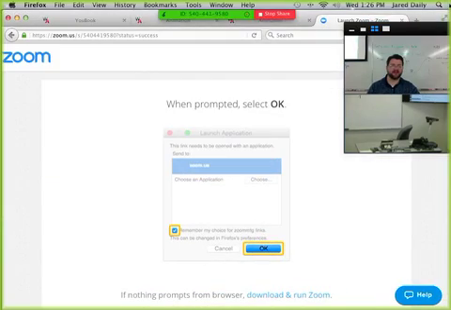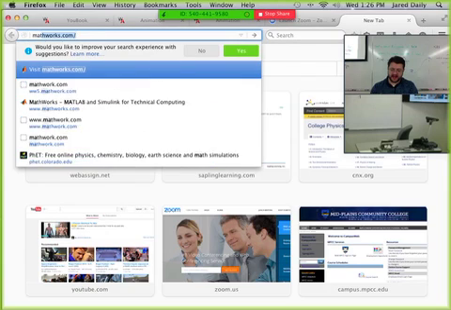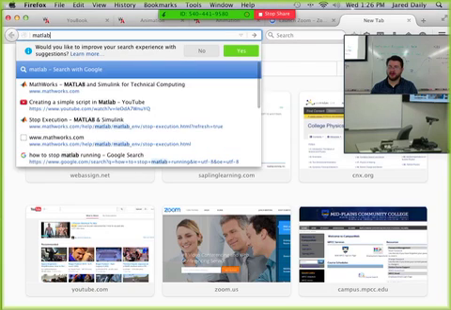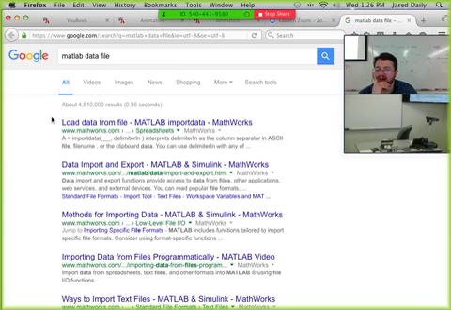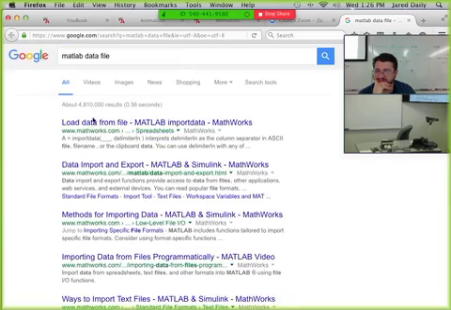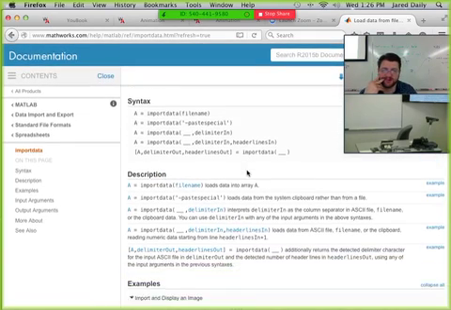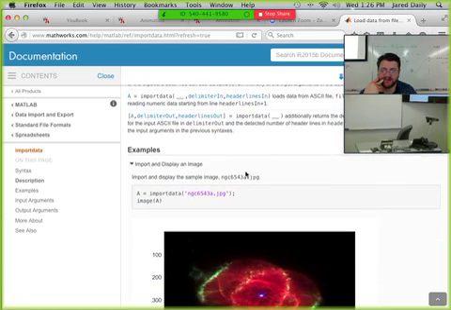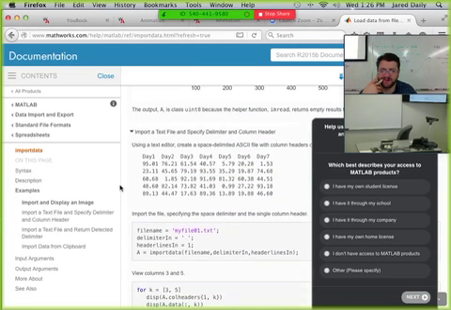I'd probably find it faster and easier, instead of trying to figure out how to get to it from my computer, since my computer is not always connected here for some reason. Let's see if I can just find a MATLAB data file that we can upload.